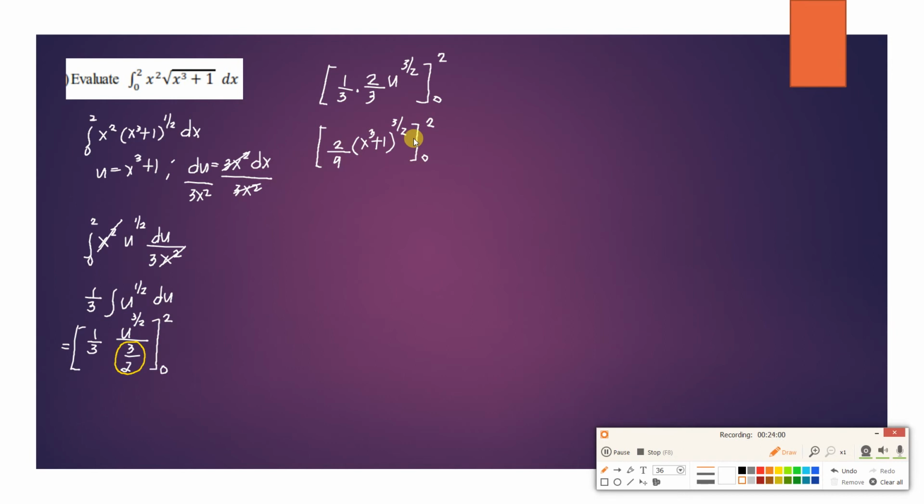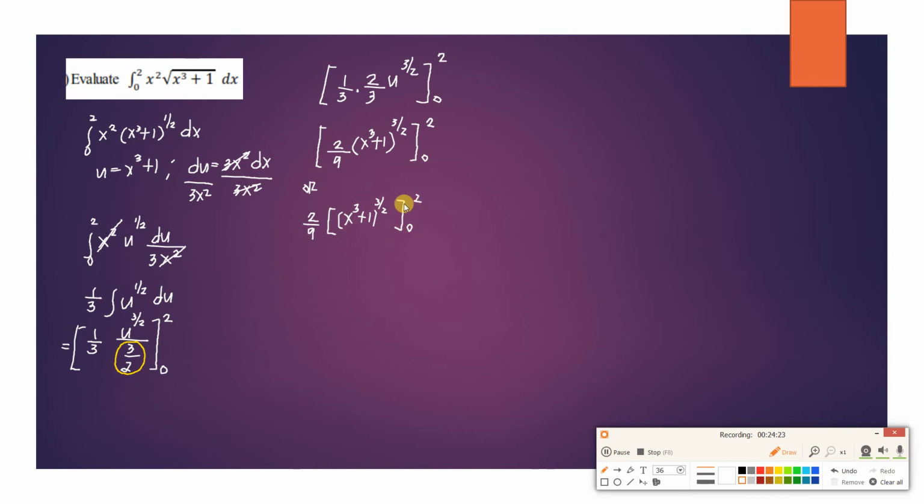So, it's up to you kung anong gustong gawin. Pwedeng isama si 2 over 9 or pwedeng iset aside sa limit. So, pwede rin labas ko na si 2 over 9. Okay, tapos, ito na lang x cubed plus 1 raised to 3 halves ang a-applyan ng limit.